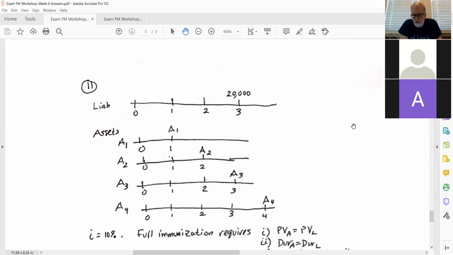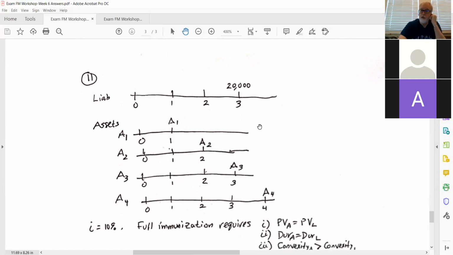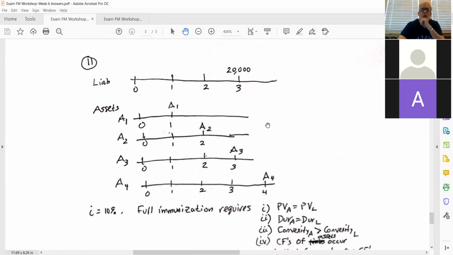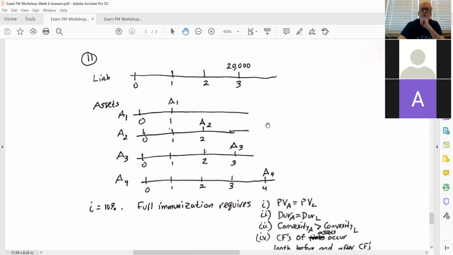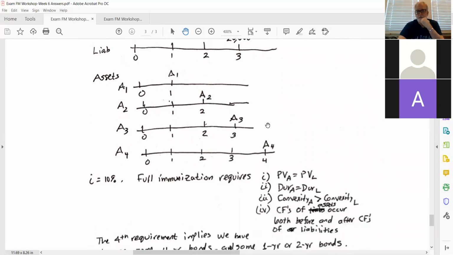Andy, the actuary, has to construct a portfolio that will fully immunize the liabilities. Okay, so the full immunization requirements, and it says that the market interest rate is 10%.